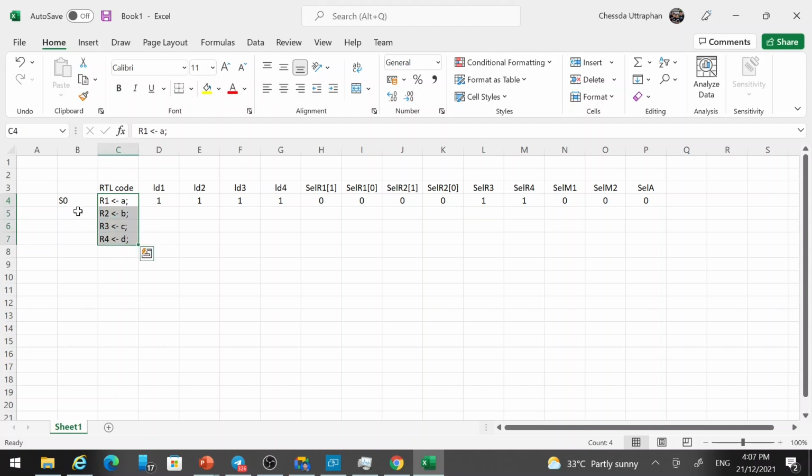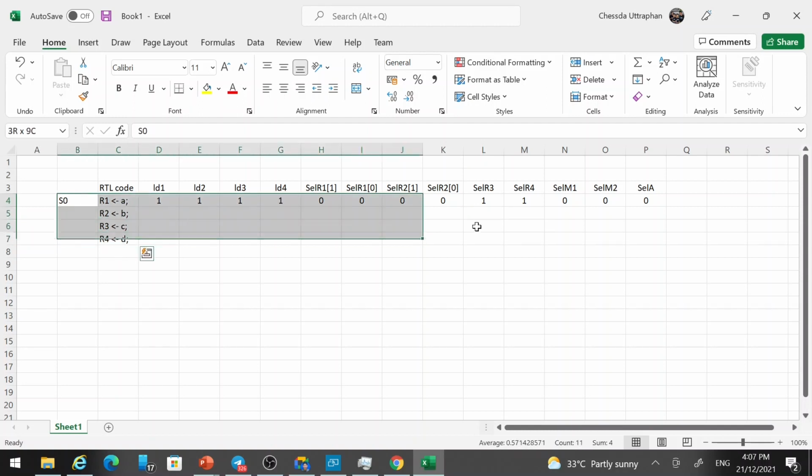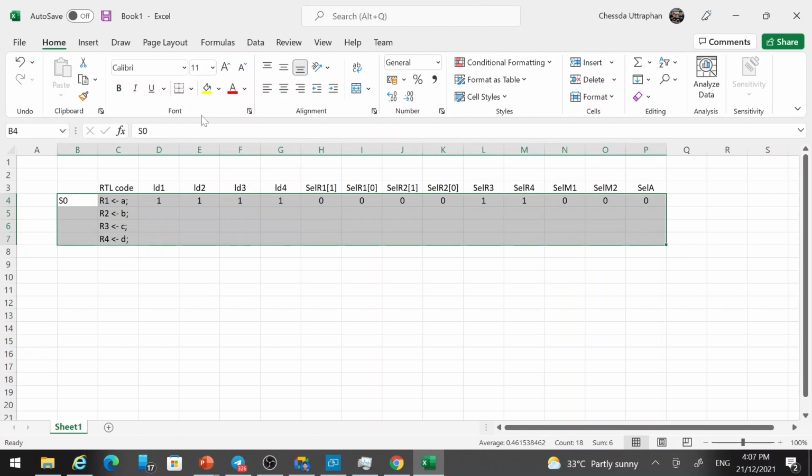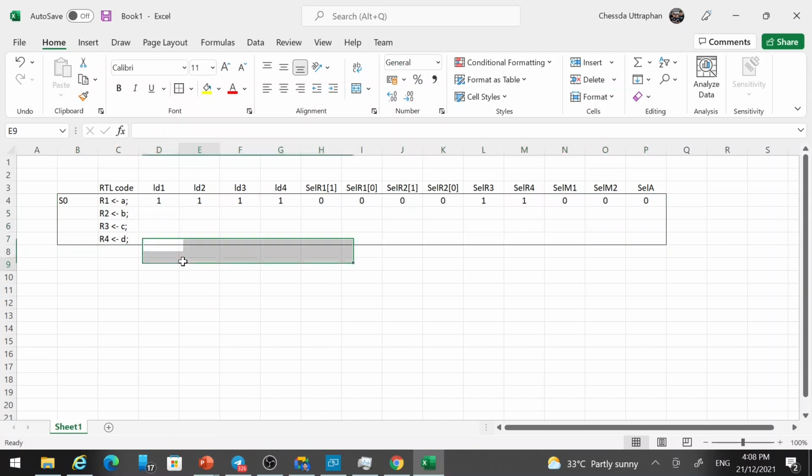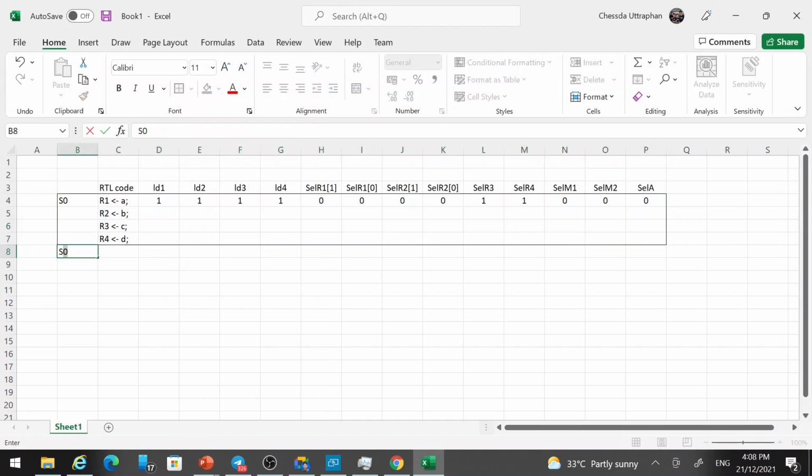So we have the first one. Now look at the second, or S1 state. What do we need to have?